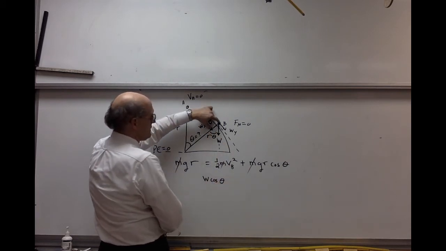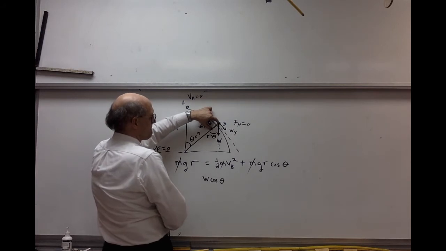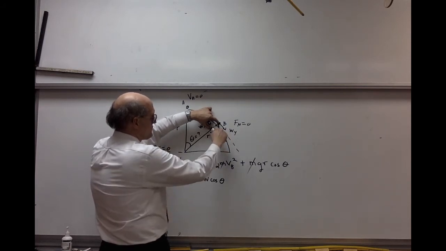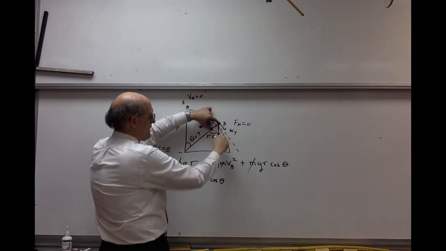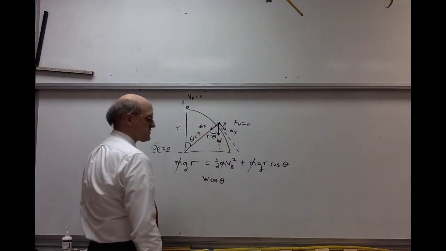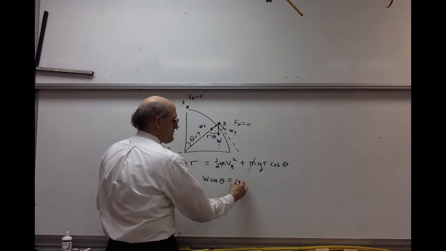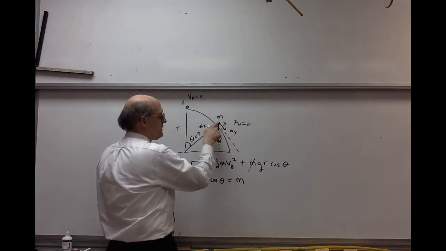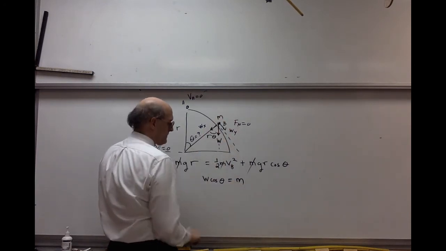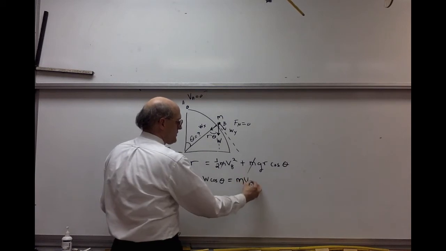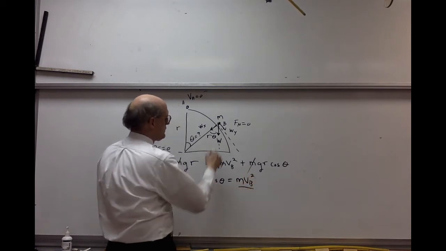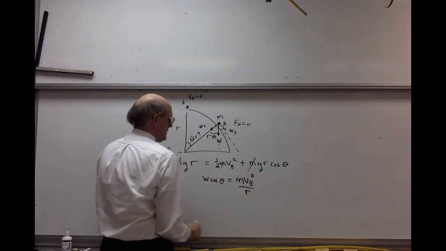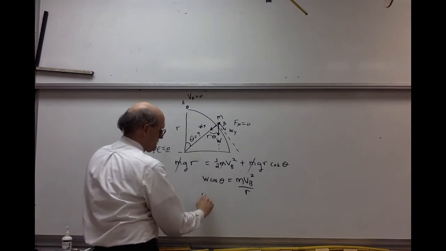So this component here, this is the hypotenuse. So if you take the cosine of theta, that's equal to weight x over weight. So weight x, which is weight cosine theta, is equal to the mass of the swimmer sliding down times v_B squared all over R. The weight of the person is mg.